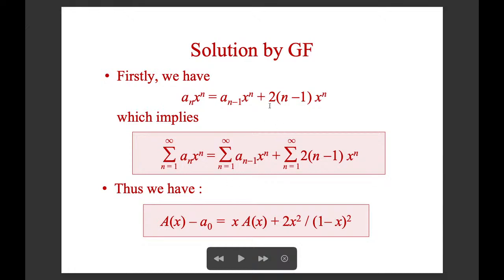And the last term is independent of the little a_i. So in that case, we can actually find the closed form for this one. The summation of this gives us 2 times x squared divided by 1 minus x squared. At this point, we have a relationship of A(x) with some function of x.